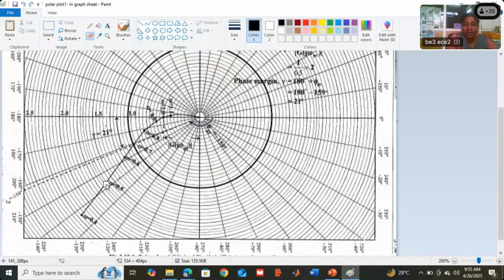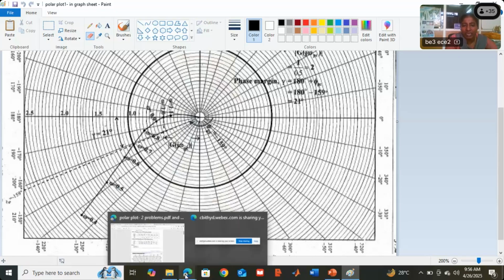The circle between 1.5 and 2.0 means they have assumed this is the 1.6 circle. So the dot at omega 0.5 is on circle 1.6 and angle minus 143. Second dot completed.